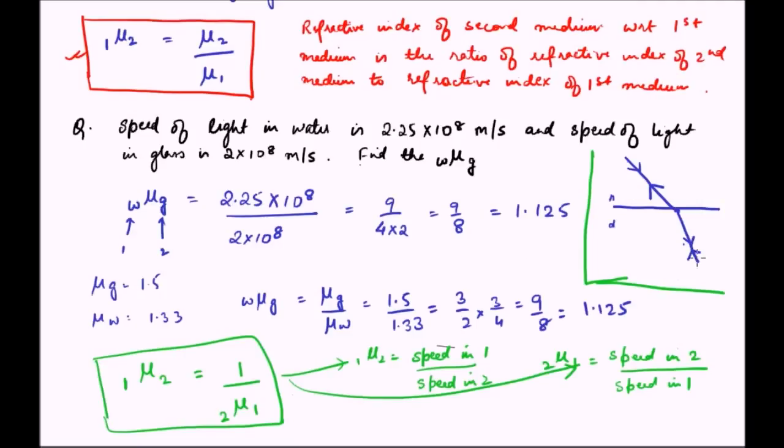Right? And how can we say that this is actually true? We can say that this is actually true by using this relation. How come? Let us see. In the first case, when this is going from here to here, if this is I and this is R, and this is 1, this is 2, so mu 2 1 is equal to sine I upon sine R, right?